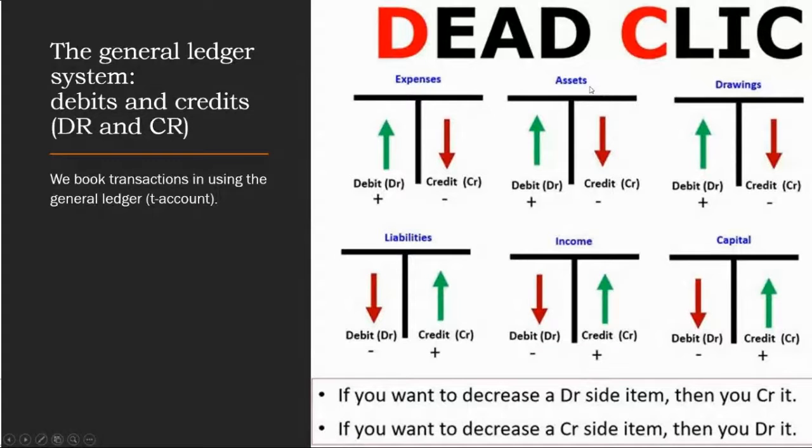In our example, we said we purchased a vehicle. Now, if we get a vehicle, our assets increase. So we are going to debit vehicle with 10,000, so it's going to increase by 10,000. We said we actually bought it on credit, so that means we have a liability.